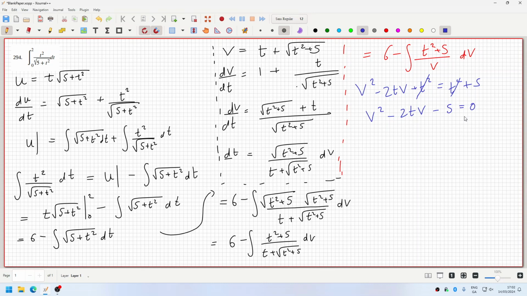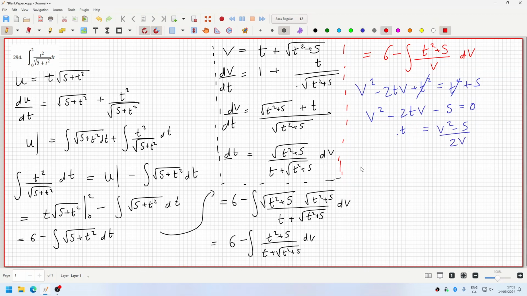And what am I looking for? The t. So that's 2tv equals v squared minus 5, so t equals v squared minus 5 divided by 2v.